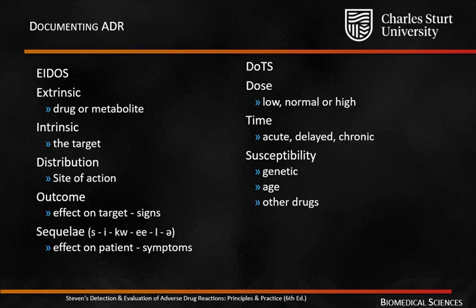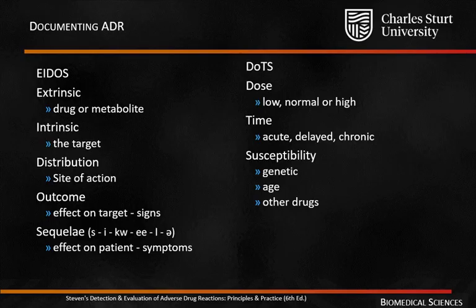Its distribution often is where that target is. The outcome is what kind of signs might be measurable of the damage that the adverse drug reaction is causing. And the sequelae is the effect on the patient. So what are the symptoms that the patient will experience?